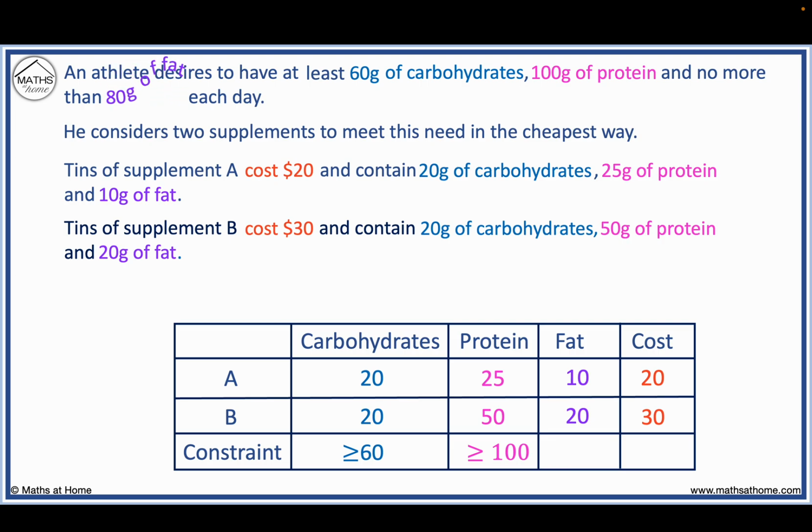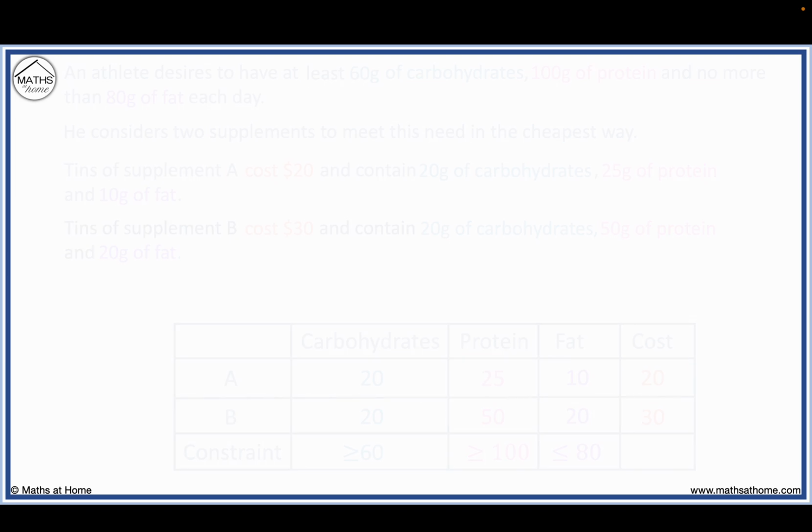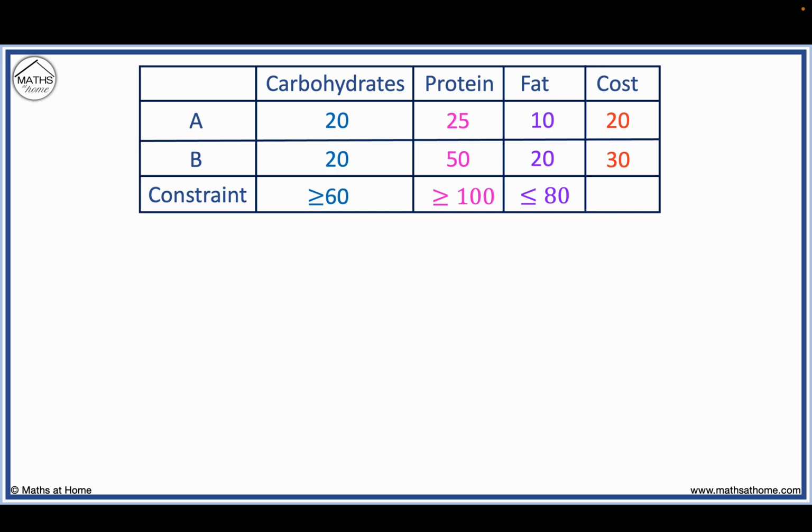However, the athlete can have no more than 80 grams of fat each day. Therefore, we put a less than or equal to 80 in the fat column. We can now generate constraint equations by labelling tin A as X and tin B as Y. Looking at the carbohydrates, we have 20X plus 20Y is greater than or equal to 60.